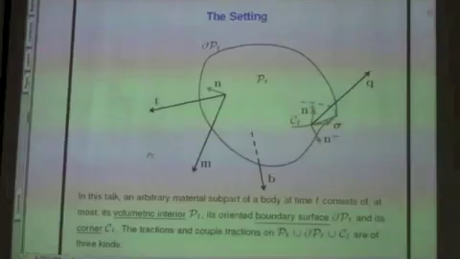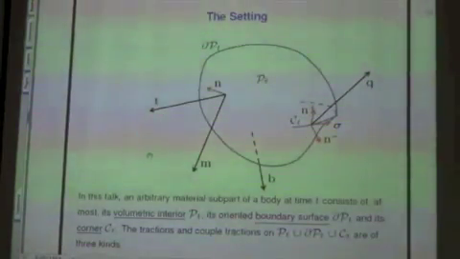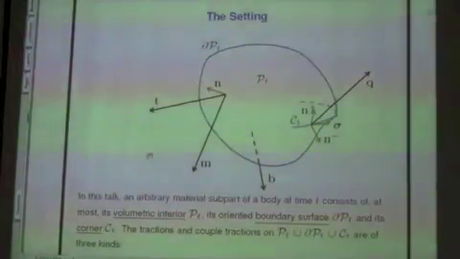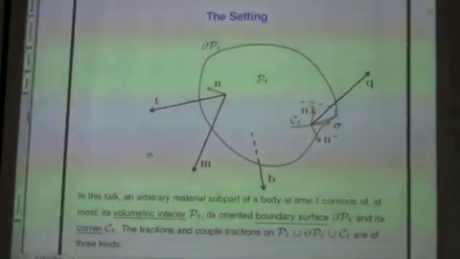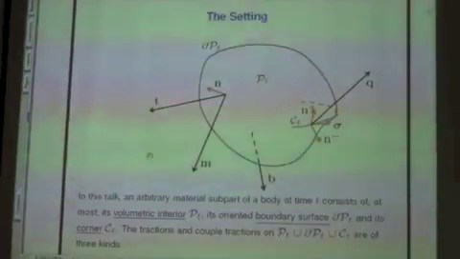And so I want to discuss in this lecture 2 types of contact interactions that can take place. One is the classical surface contact interaction, T, as you see, taking place at a point whose unit normal on the oriented surface of the part is N. And that is due to the contact with the rest of the body.